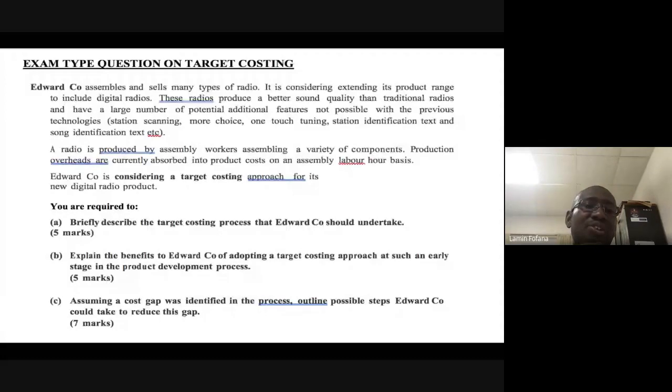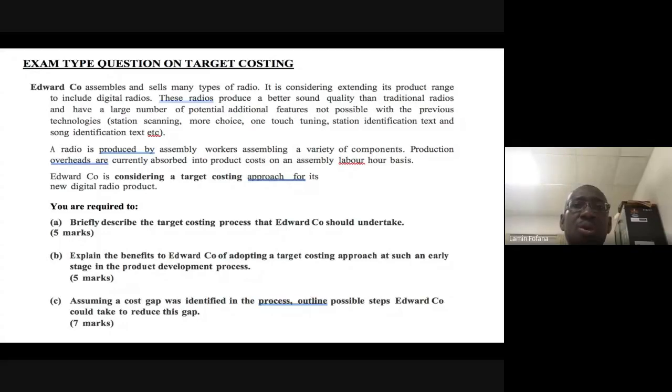Okay, so we're going to start at the design stage of the radio. Let's say they want to design this digital radio in such a way that the specification is going to match that of the current digital radios in the market.